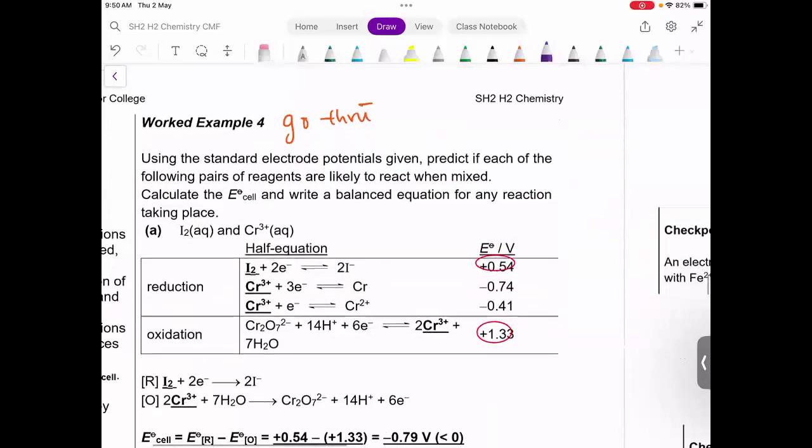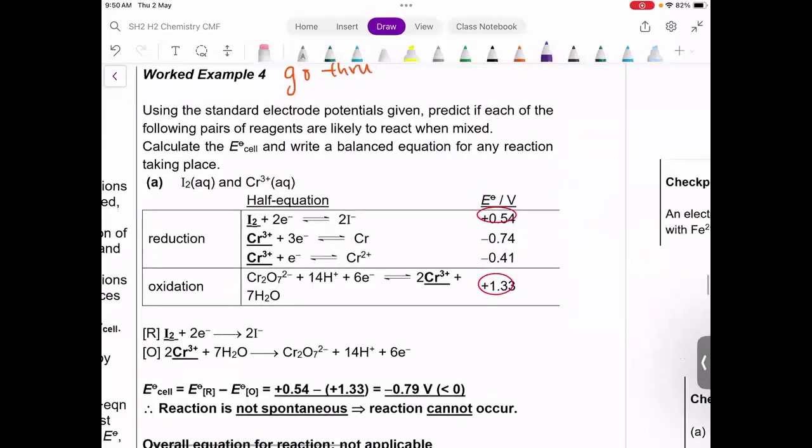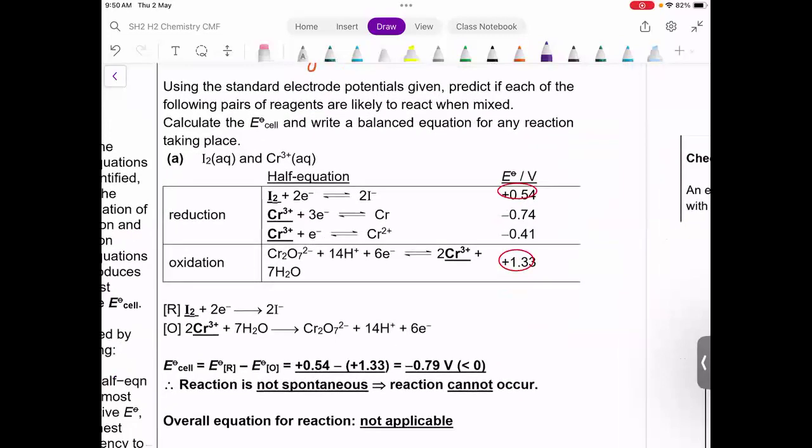Okay, so let's look at worked example 4. Can I ask you to look at part A first? Okay, so one thing I want you to appreciate is, we are no longer working with half cell.